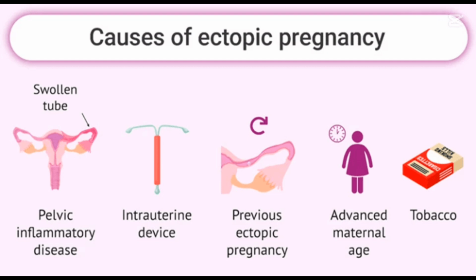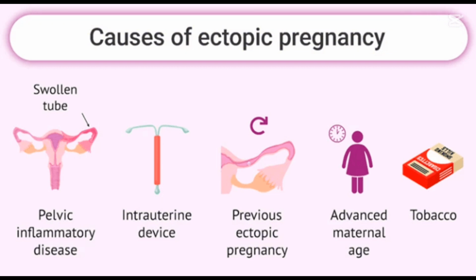We can also have previous pelvic or tubal surgeries, which can cause adhesions or narrowing of the tubes. We have conditions such as endometriosis, where there is tissue growth outside the uterus, which can lead to anatomical distortion, thereby leading to ectopic pregnancy.